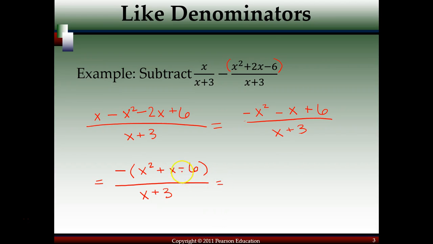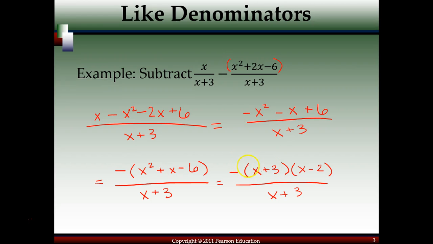And now factor what's inside the parentheses here. And that factors to x plus 3, x minus 2. And so now in this one, we are able to simplify a little further.